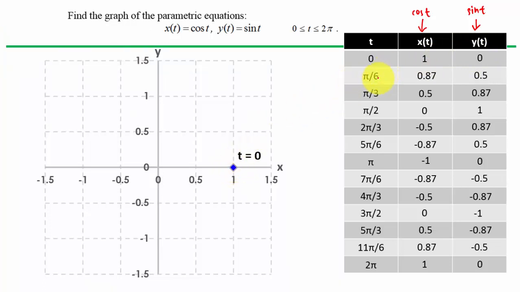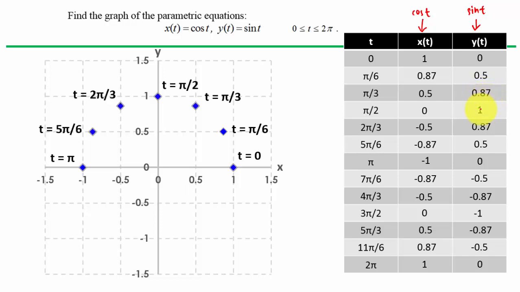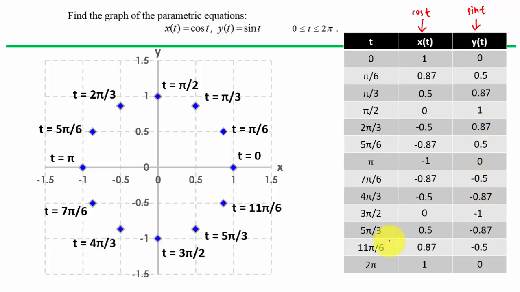When t is equal to pi over 6, x is 0.87, y is equal to 0.5, giving us this point over here. And we do this for each set of values of x and y all the way until we reach t equals 11 pi over 6.